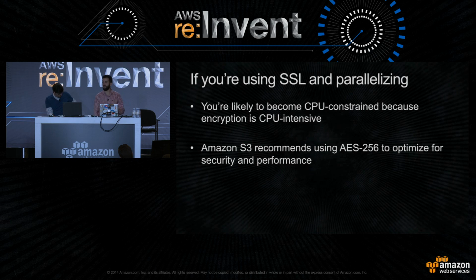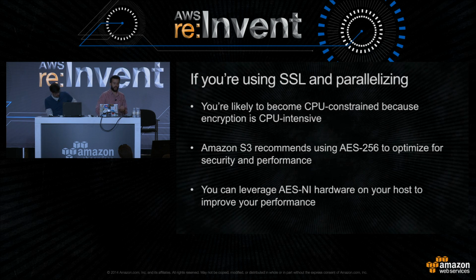You can leverage the power of AES in hardware on your host to improve the performance. We have tons of EC2 instances that already provide this benefit, so you can use them to improve response times in your application when you need to encrypt files.